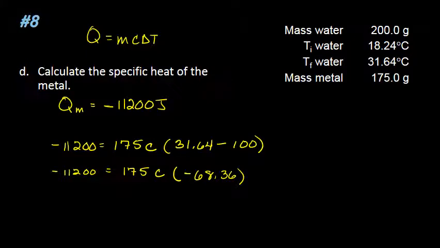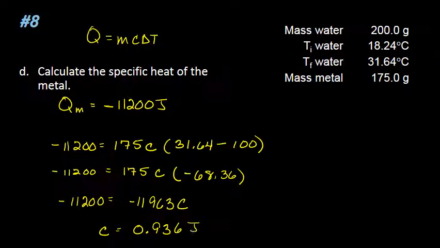I'm going to multiply the 175 by the negative 68.36, and divide both sides by the 11,963. So we end up with C equal to 0.936 joules per gram times degrees Celsius.